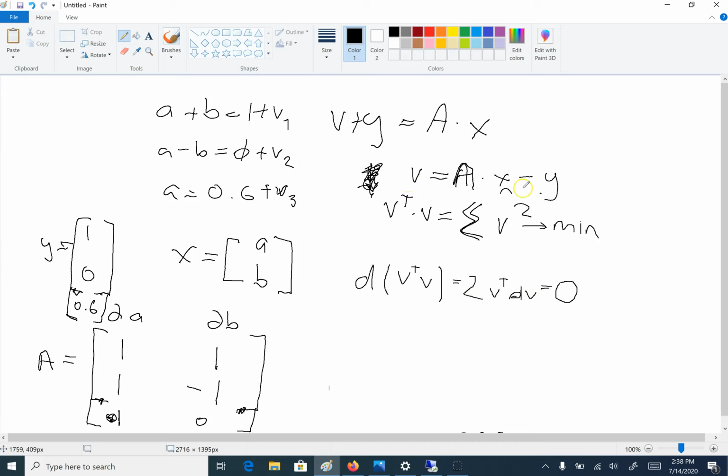So the partial derivative of this with respect to v, with respect to x, that is, we take dv with respect to dx, and that's just going to be equal to A. And we can rearrange that to have dv equals A times dx.